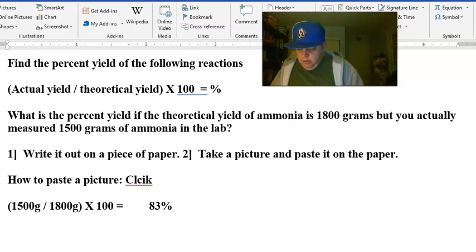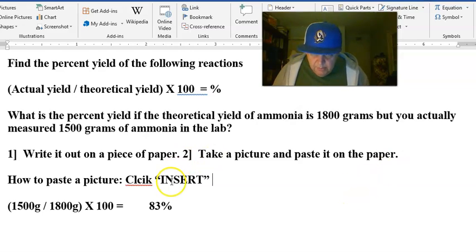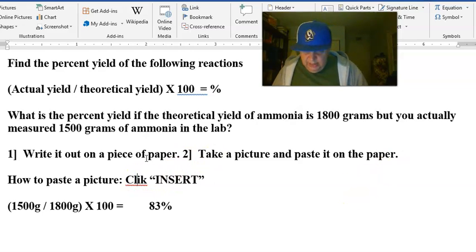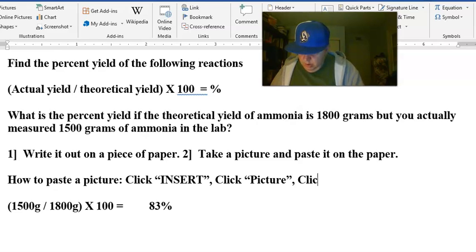Click insert. It's the top bar up there. Whoops, my spelling is terrible. It's late Saturday night. Click insert, that's the first thing. Then you will click picture. Next, click your picture.